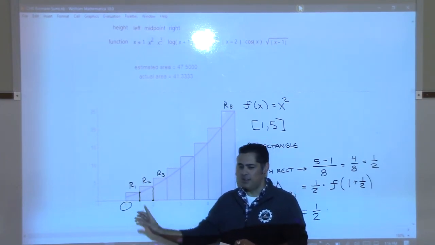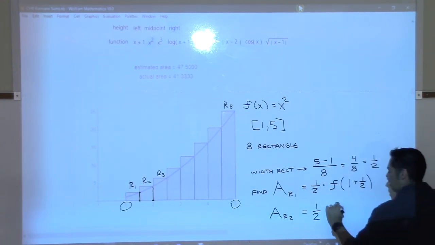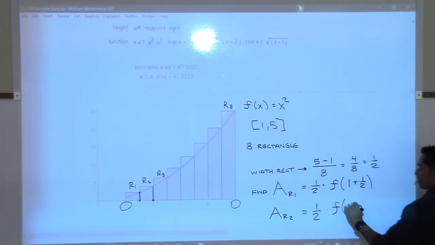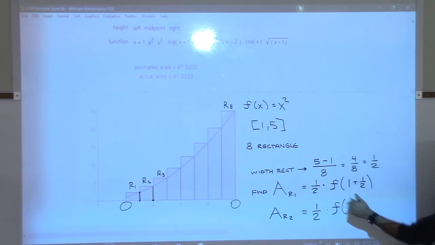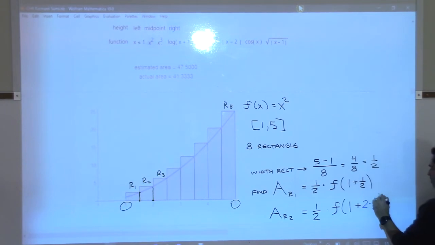Again, bear with me, all right? I know it seems weird, but instead of writing the number 2, I'm going to say start at the left end point, 1, and then add to that 2 times 1/2. I know you're sitting there like, what? It's like, why are you making this so complicated?